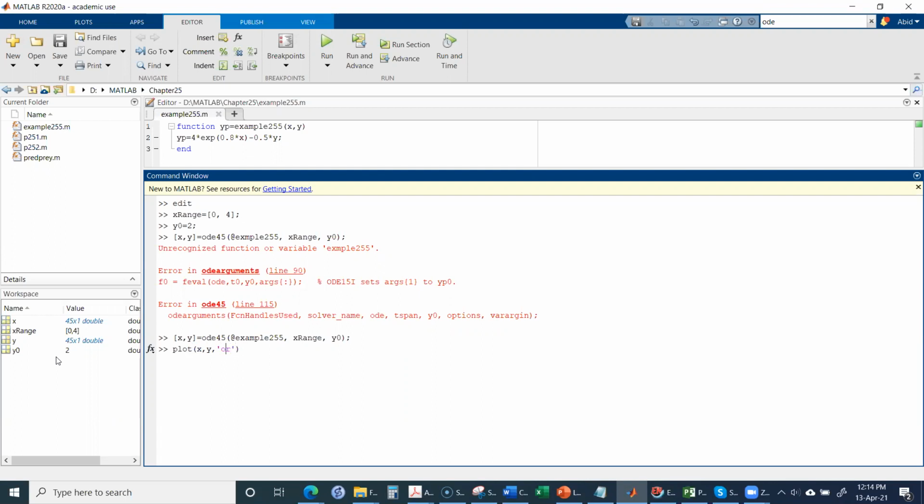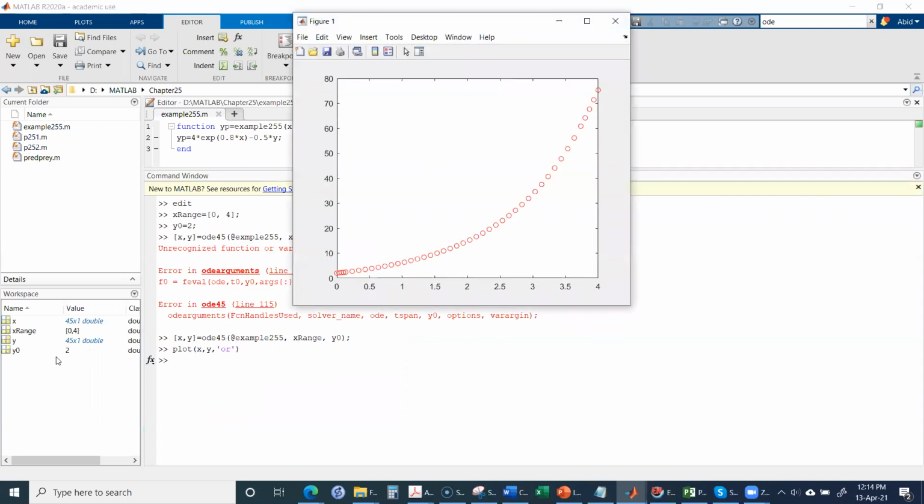I will put 'or': o will show the circular markers, r is for red color. And then I will hit enter. So this will give me the solution. These are the solution points.